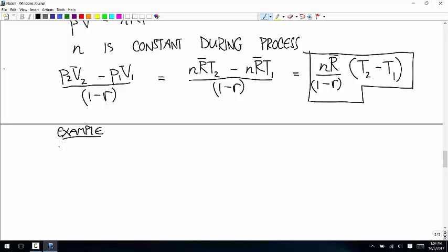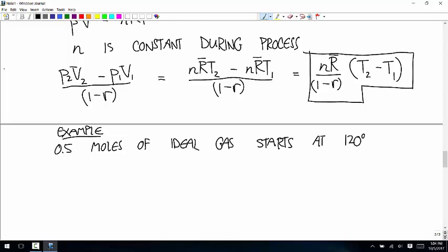So let's say we have 0.5 moles of an ideal gas. And it starts at 120 degrees Celsius. And then it's compressed in a polytropic process.